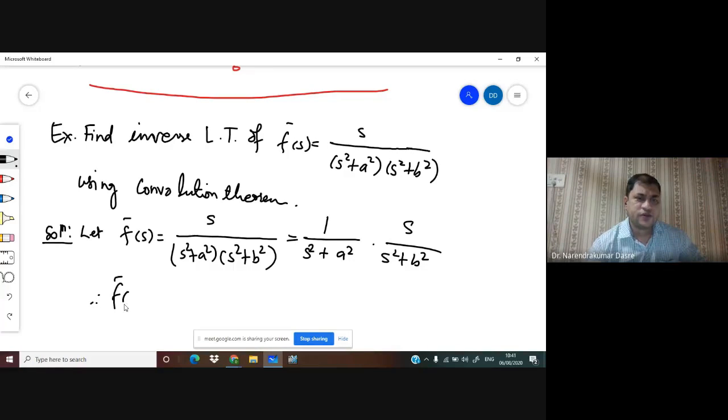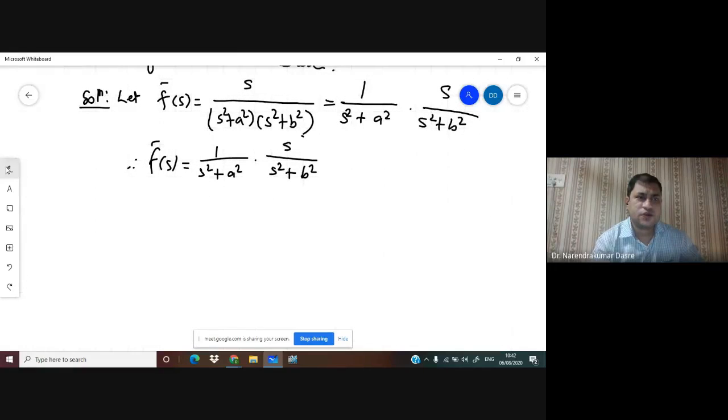So we get here f bar of s is equal to 1 upon s square plus a square, and this is s upon s square plus b square. Now the first step we have completed, so we will go for the second step.